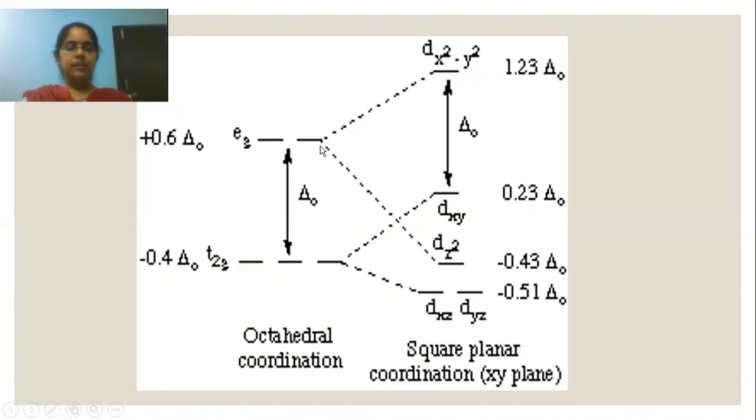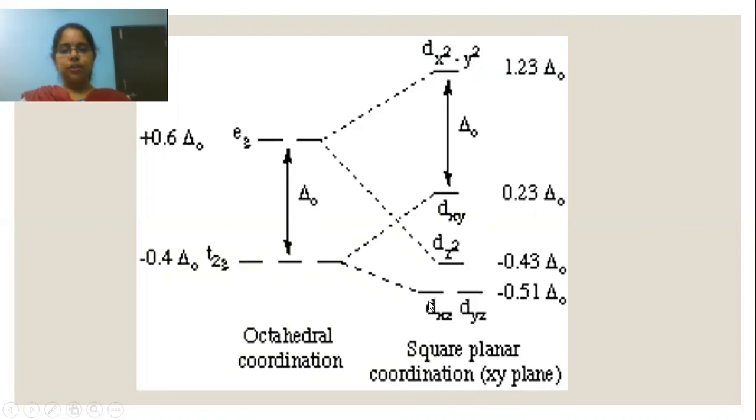Similarly, the eg set also splits into two sets of different energies, dz square with a lower energy and dx square minus y square with a higher energy. So this is the energy order of the d orbitals in a square planar geometry. dyz and dzx possess the same energy, that means they are degenerate.